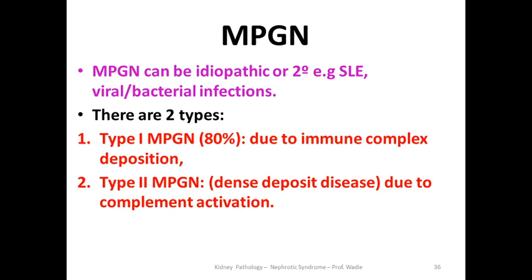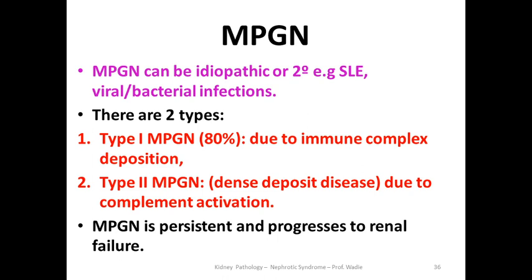It is due to complement activation without finding any antibody. Here it is a problem of complement activation within the glomerular basement membrane, not induced by antibodies. Membranoproliferative glomerulonephritis is persistent and progresses to renal failure, and usually it has a worse prognosis.